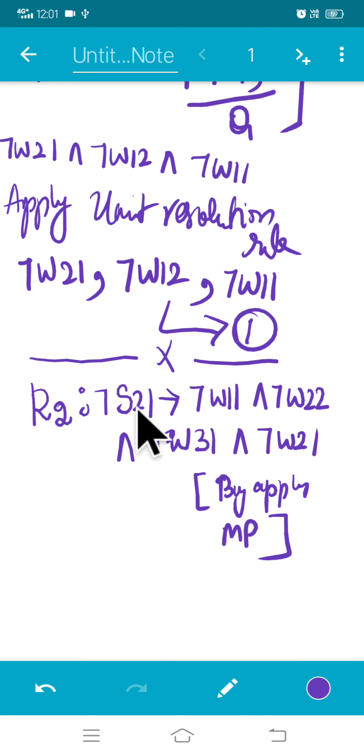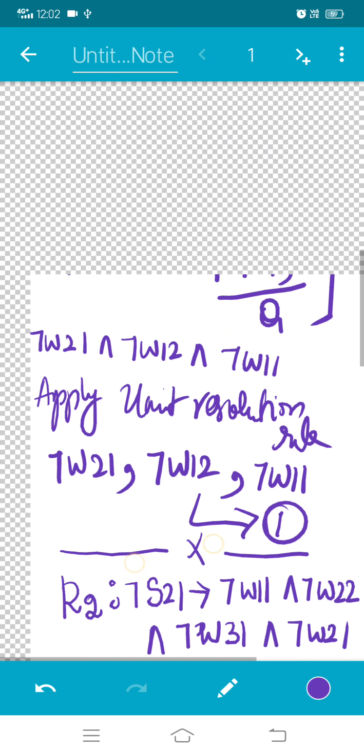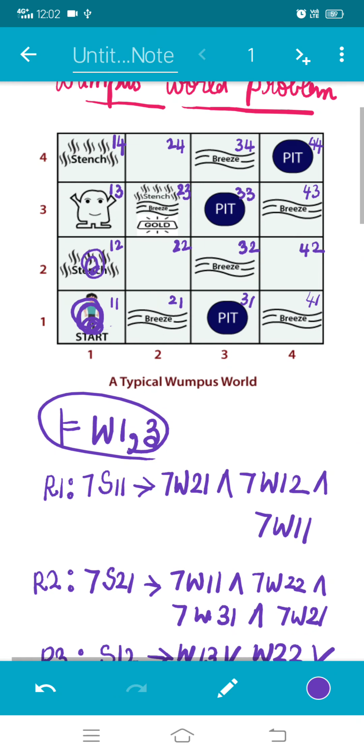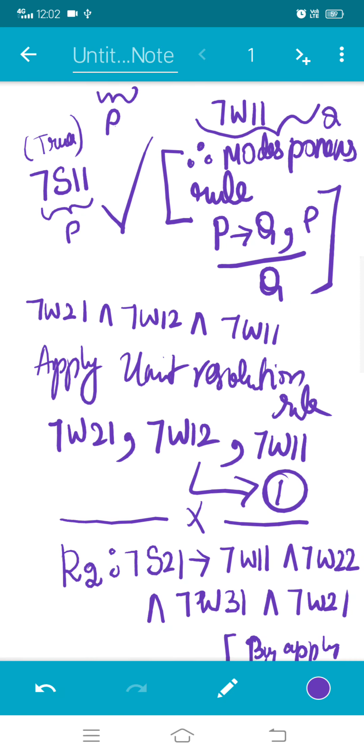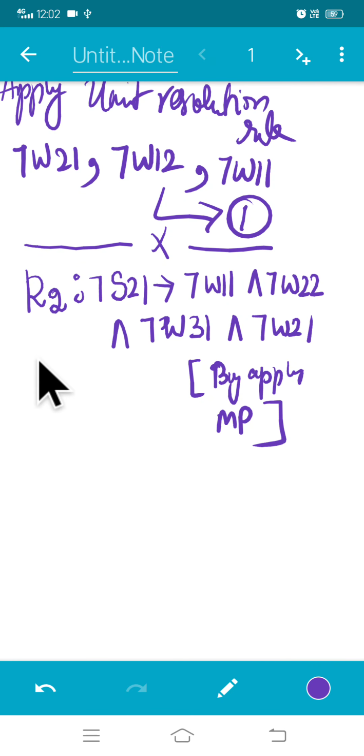So what is negation of S21? There is no stench smell in 21. That we will check with the diagram. So here this is the 21. We know that there is no stench smell in 21, so that is by default true. Since that is true, we can write negation S21.